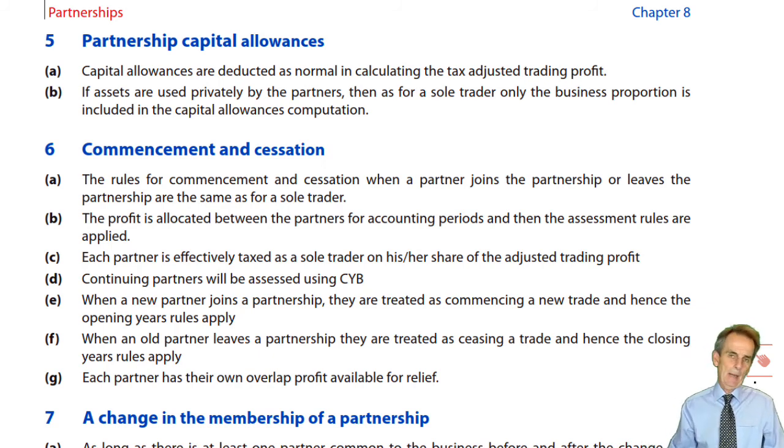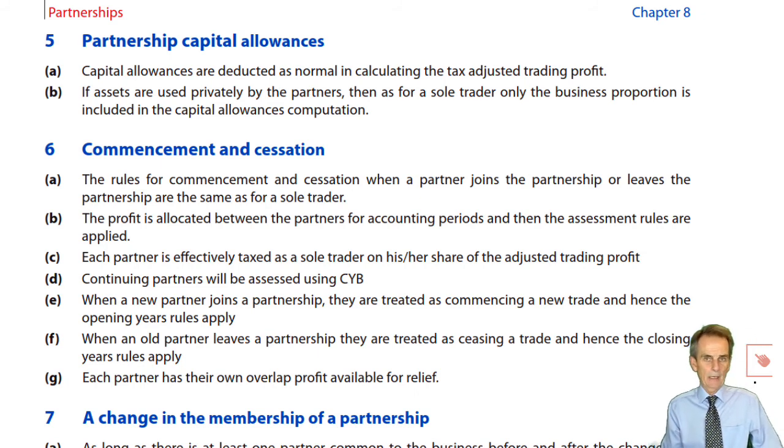The point about capital allowances that we need to make here is that each partner is an unincorporated trader, a proprietor. Therefore, the issue that we dealt with in Chapter 5 of private use of a business asset by a proprietor, most likely, of course, a car provided for use within the business but also used privately, applies.